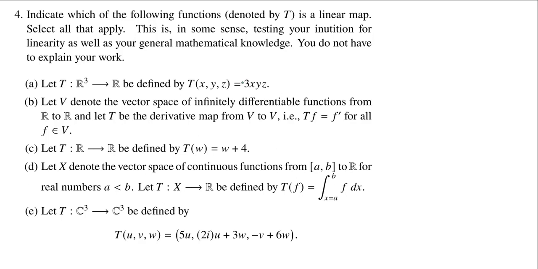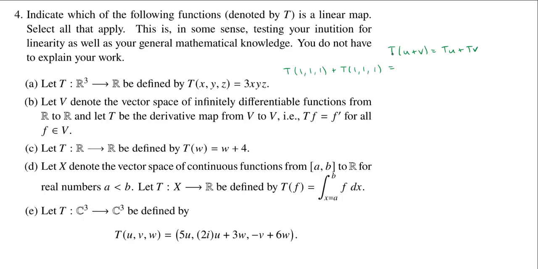And sure enough here, we could test, right? We know for a linear map, if you have T of u plus v, this should be Tu plus Tv. This is the additivity condition for being a linear map. Well, what if we try that here with, say, T(1,1,1), and then I'm going to add to it T(1,1,1). Now, the way I apply T is I multiply the numbers and then multiply by 3.